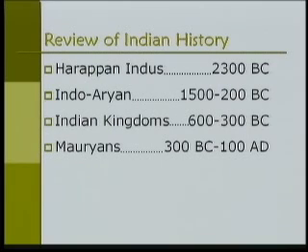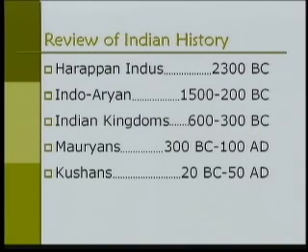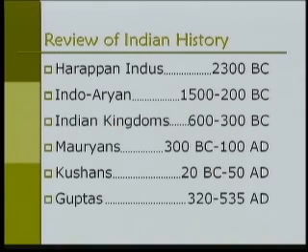Then to be followed by the Mauryan Empire, and the Mauryan Empire was followed by the Kushan Empire, an outsider empire, as the Mauryans were insiders, the Kushan was outsider, and then the insider Guptas, the native people of Gupta.